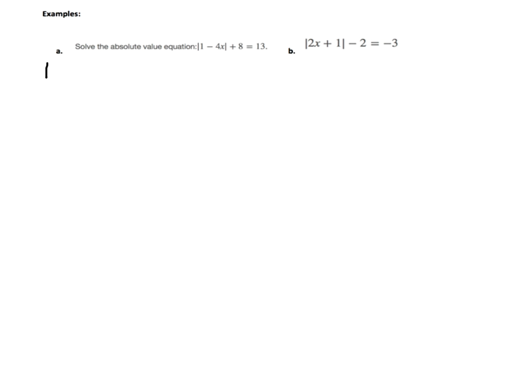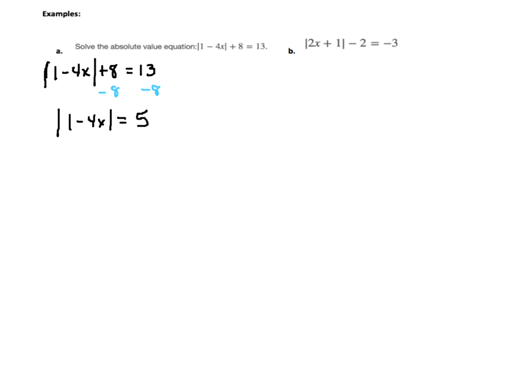Okay. So I have the absolute value of 1 minus 4x, plus 8, equals 13. I'm going to isolate my absolute value by subtracting 8. I have the absolute value of 1 minus 4x equaling 5. I'm still good there. I'm not equaling a negative value. And now I set up the distance in the positive.